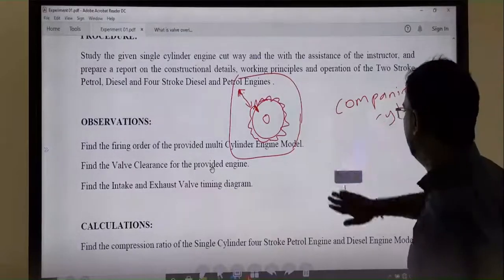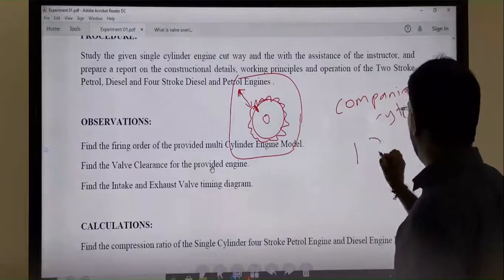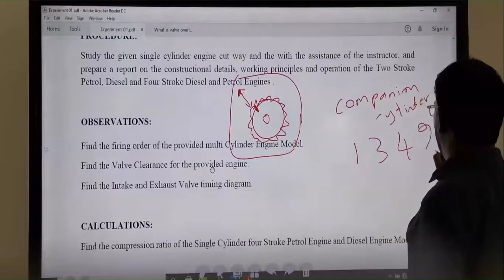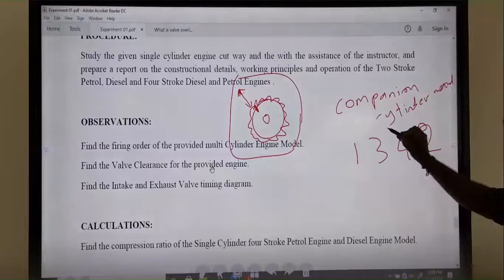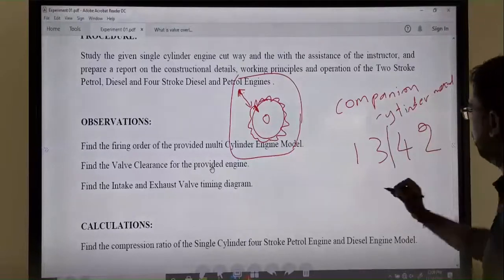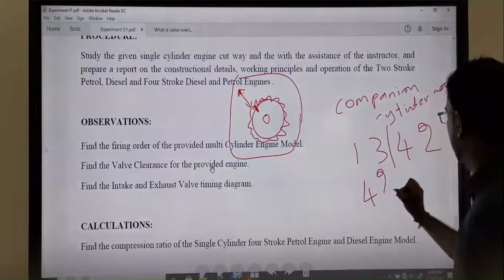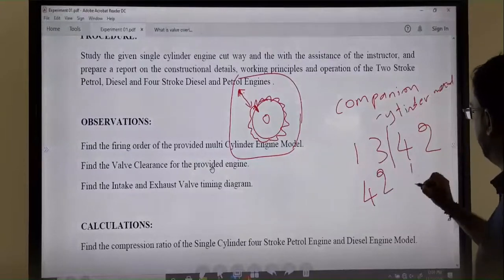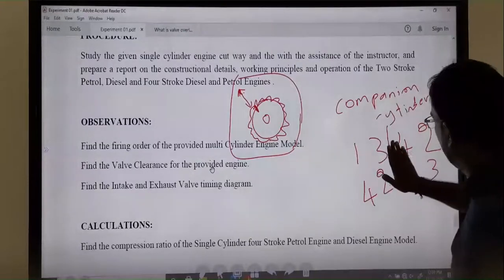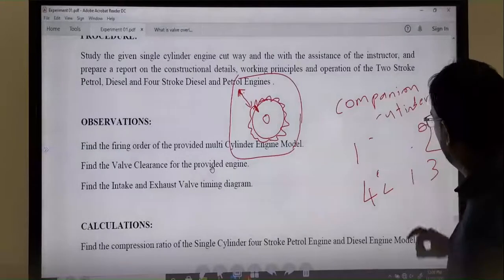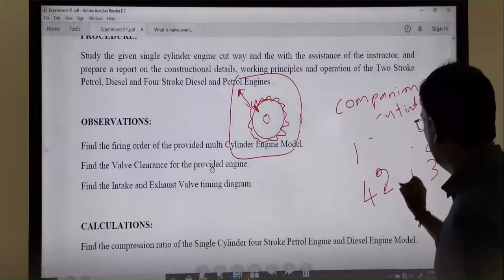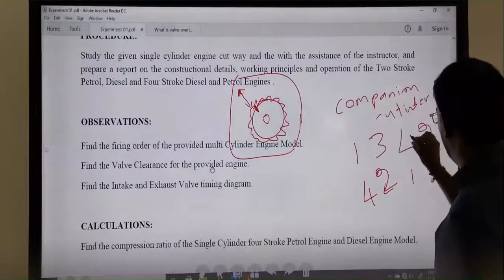So there is a single method here. We know 1, 3, 4, 2 is the firing order. So we write it here like this, 1, 3, 4.